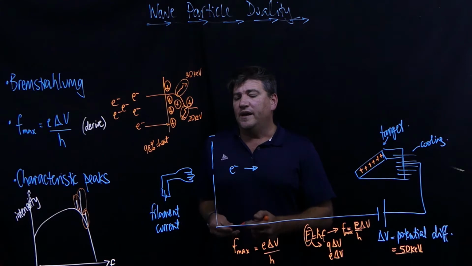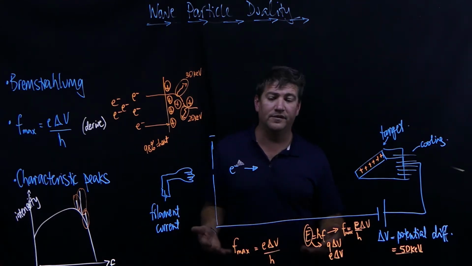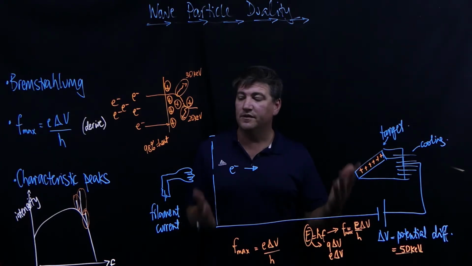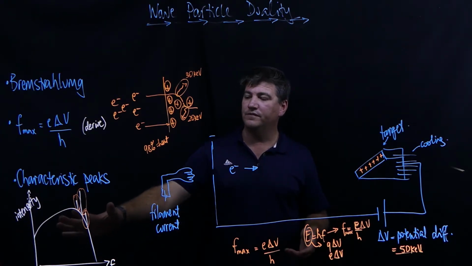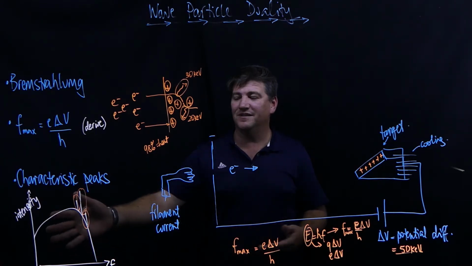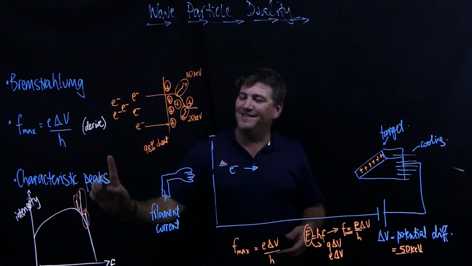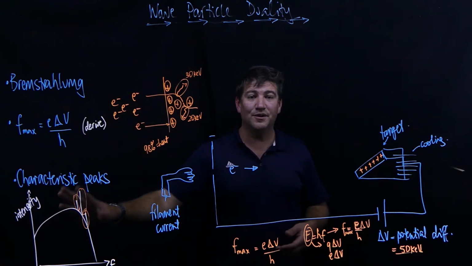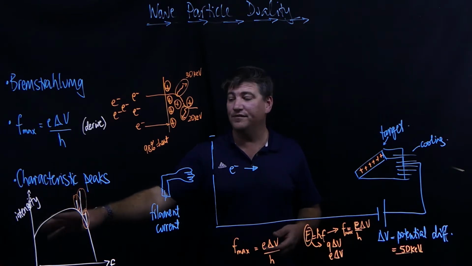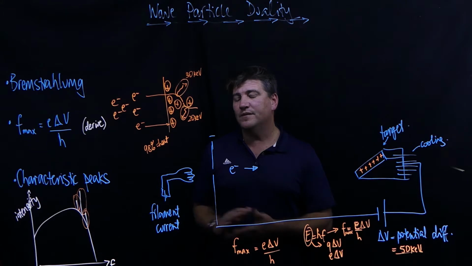Now, in an X-ray tube, we have a few things that we can control. We can control the target material. The target material will define a specific range of X-rays that it likes to give off, kind of like they've all got their own characteristic bands, and what you use depends on what you're X-raying.